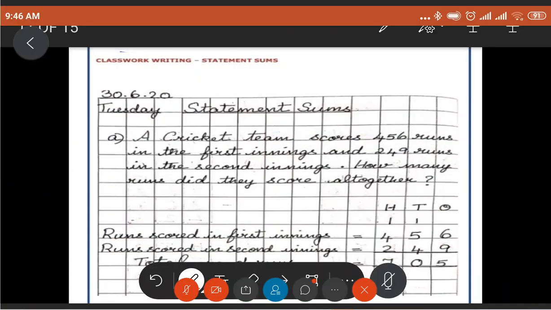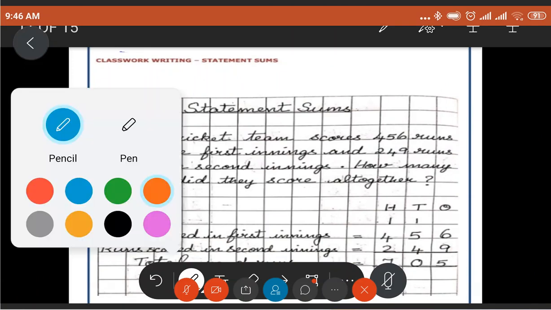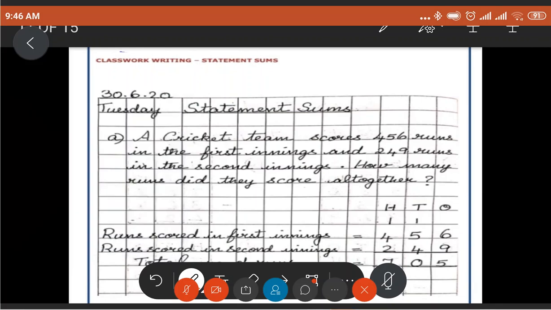Yes, continue. Total number of runs. So N-O dot you have to mention. Now, from which place value will we start the addition?